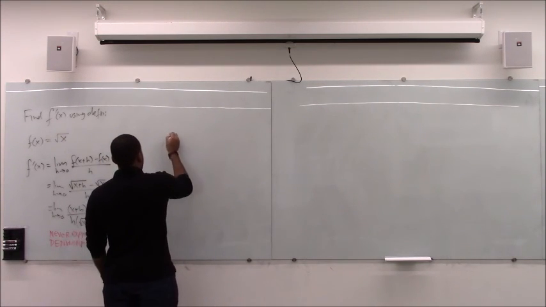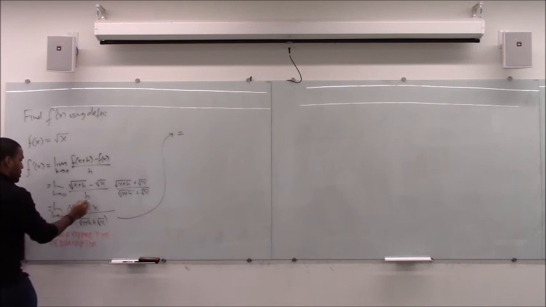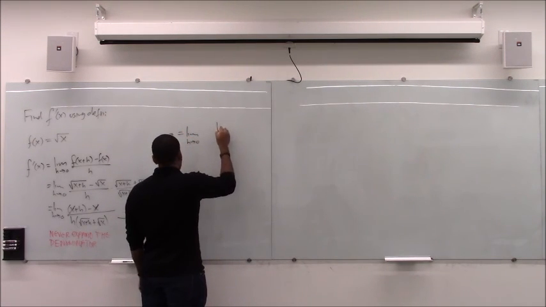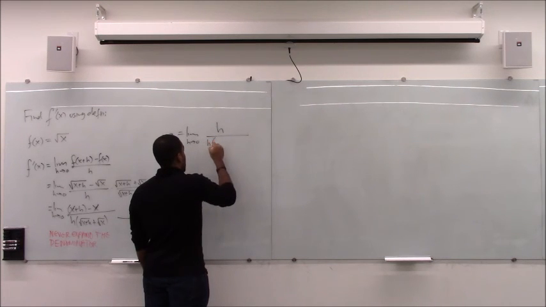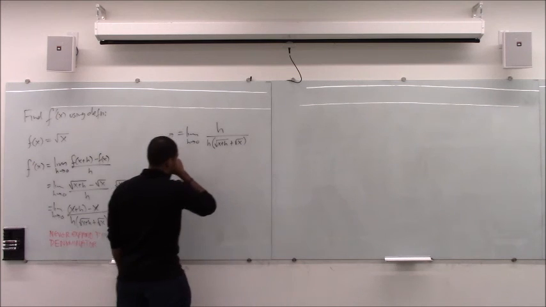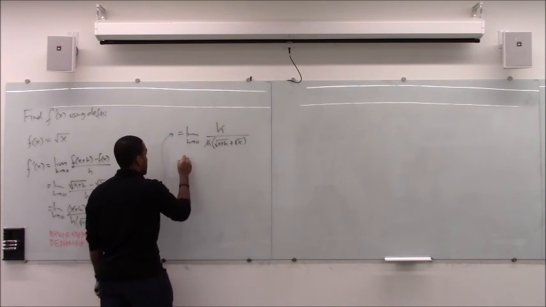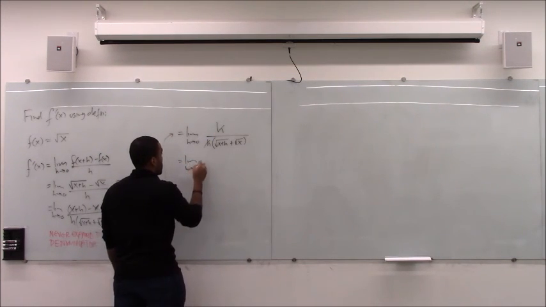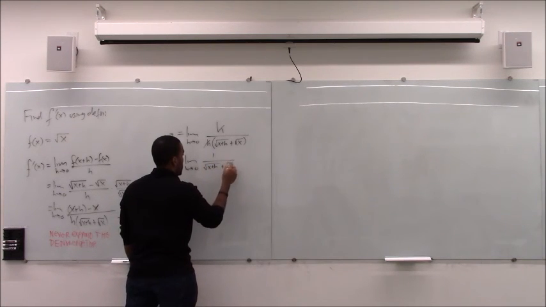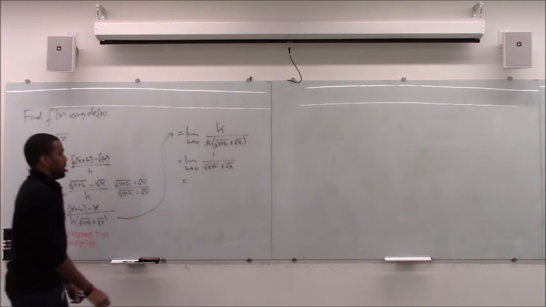Moving on, what's going to happen is the x's are going to kill each other. And you have the limit as h approaches 0 of h over h times something. And the h's cancel. And what is that?